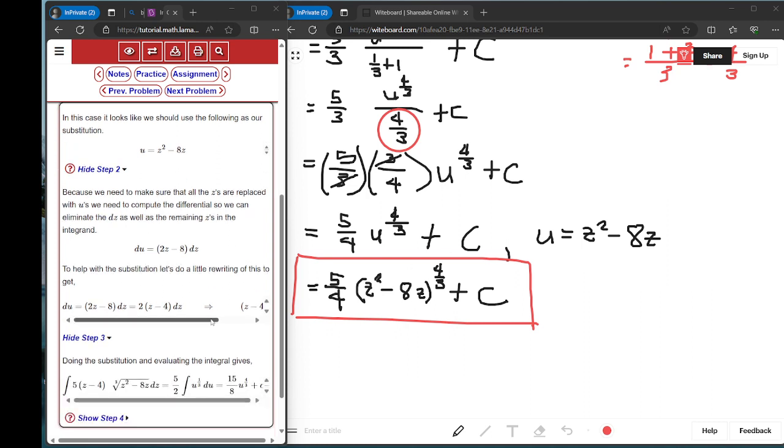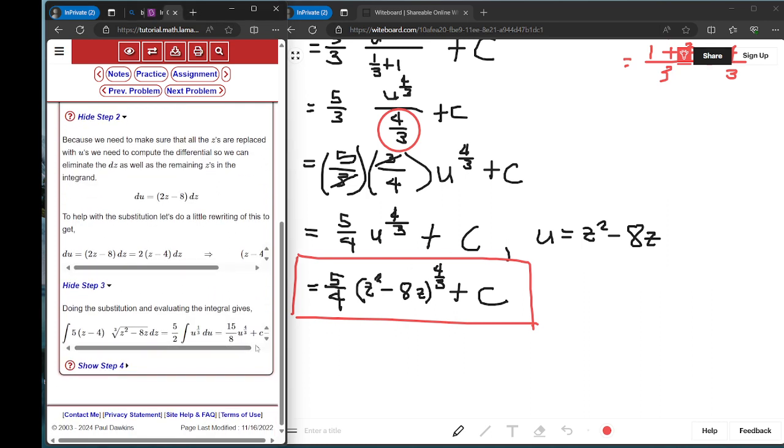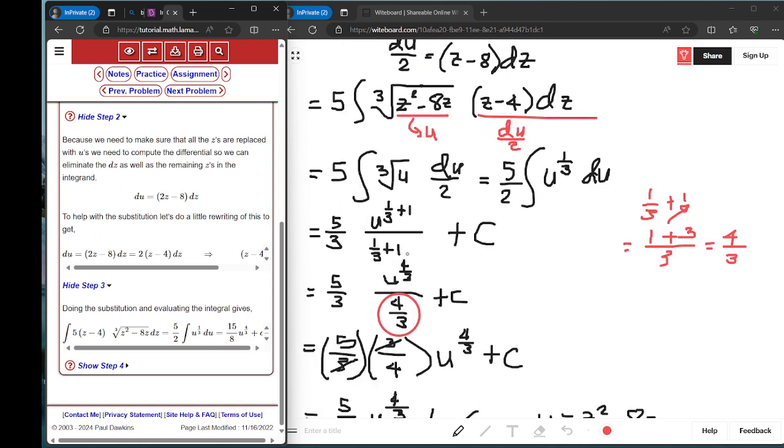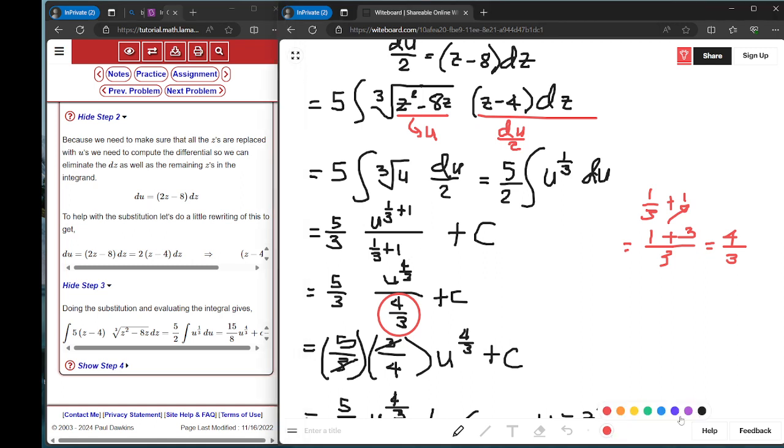Going back, let's check. Oh no, I might have done something wrong. Yeah, I have really done something wrong. This is not 3. What happened? This is not 3.